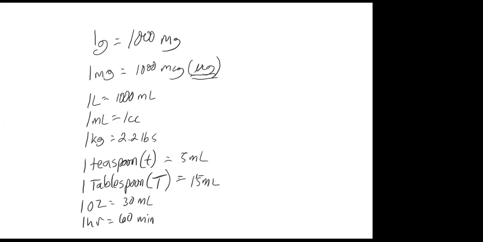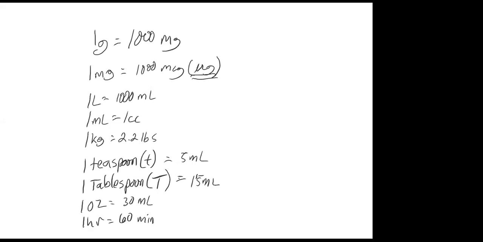Sorry, I have a quick question. Yes. The writing, I can't really see what you said. 1 milligram is equal to 1,000 what? Micrograms. And this is also another unit for microgram. The unit in brackets is also another unit for microgram. Correct. I can't see the writing very well.